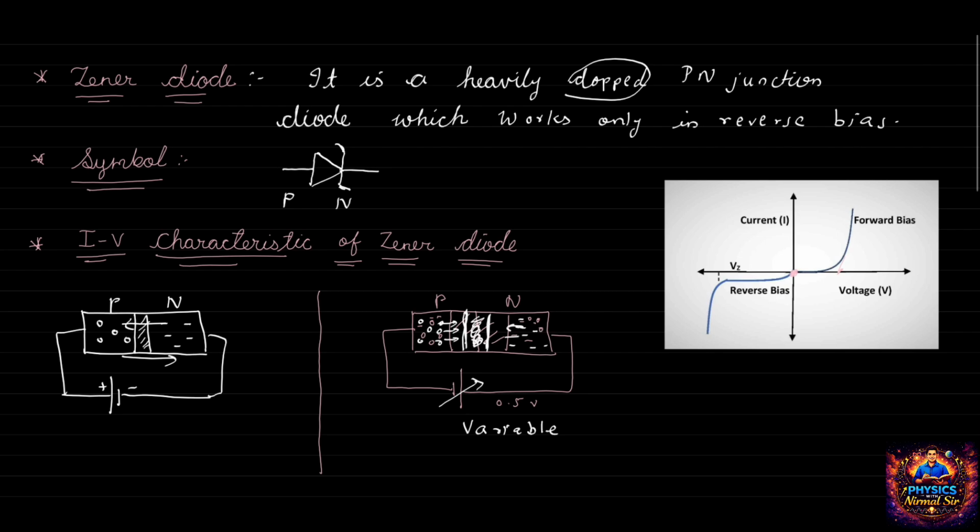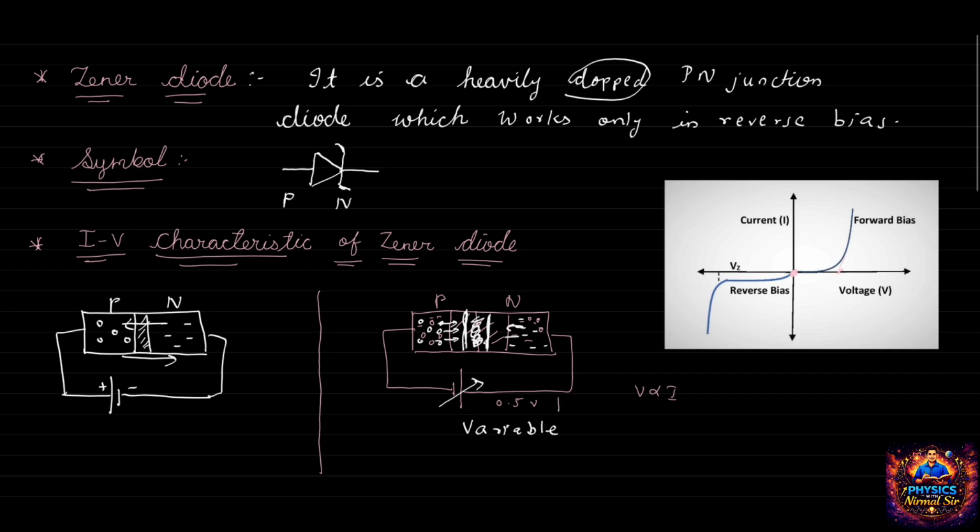So slowly these electrons will start flowing from P to N, and as you increase this voltage, by Ohm's law V is directly proportional to I, so slowly voltage increases and current also increases.